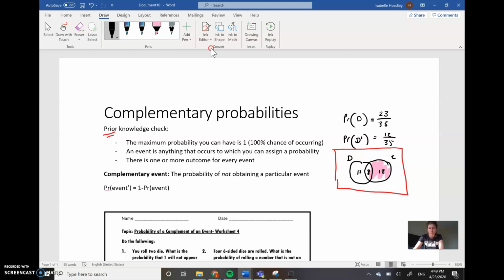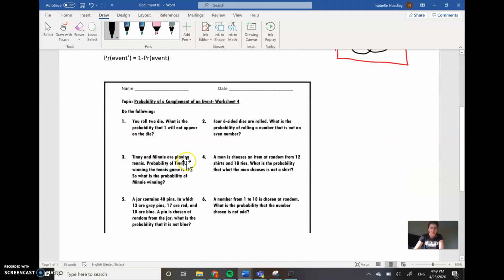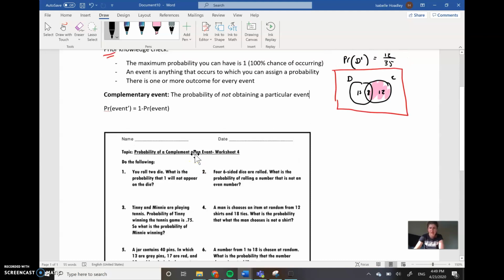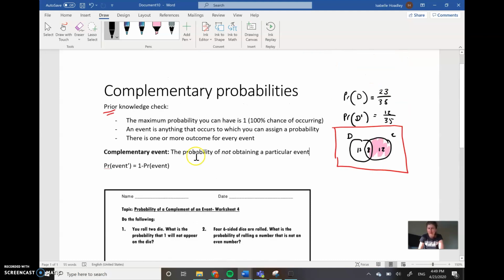And if you want, you can draw a Venn diagram as you're doing this, and that might help a little bit. Now we can get to that 12 out of 35. If we didn't actually have that Venn diagram written, we could work that out by subtracting the probabilities instead, because we know both of these have to add up to 1, because it's 100%. There's no one who has another option.